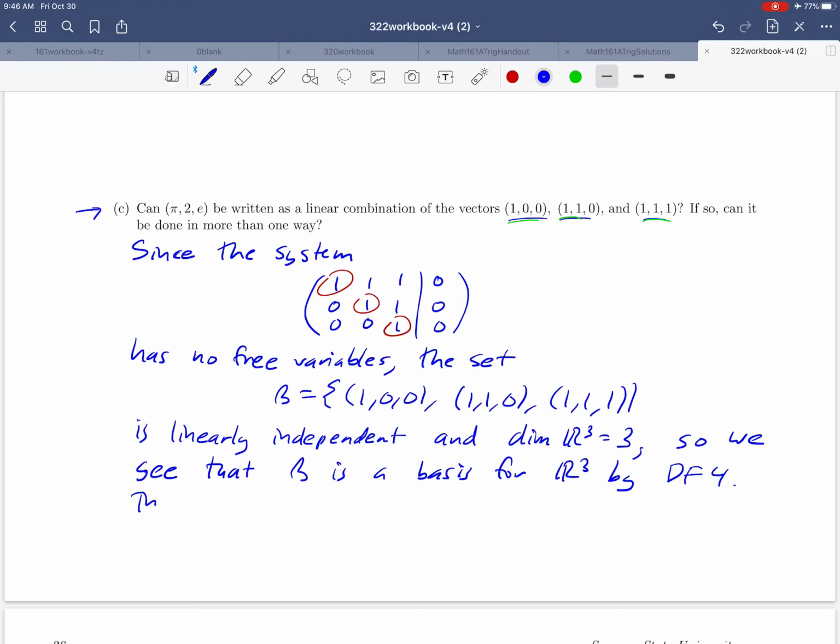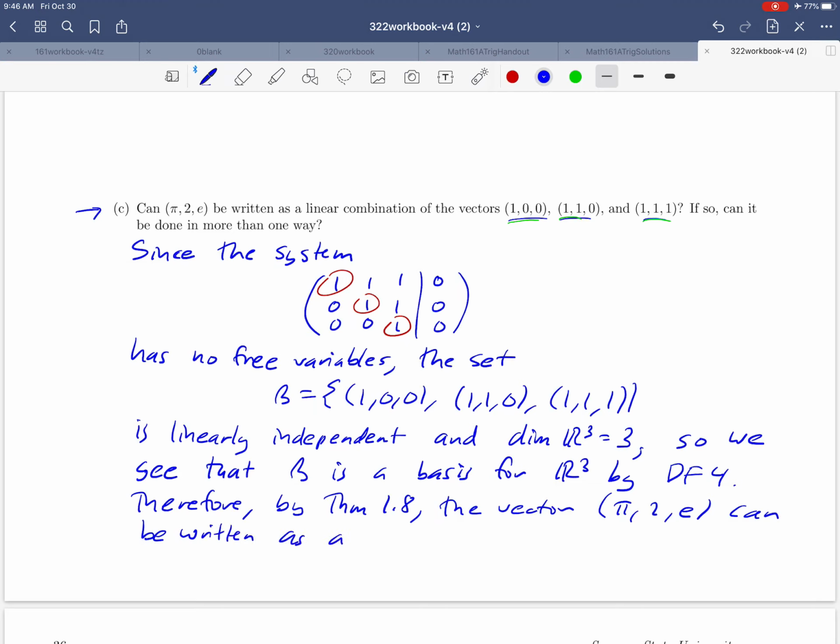We can finish by saying, therefore, by theorem 1.8, without doing any calculations, we know that this vector (π, 2, e) can be written as a linear combination of these vectors in only one way.